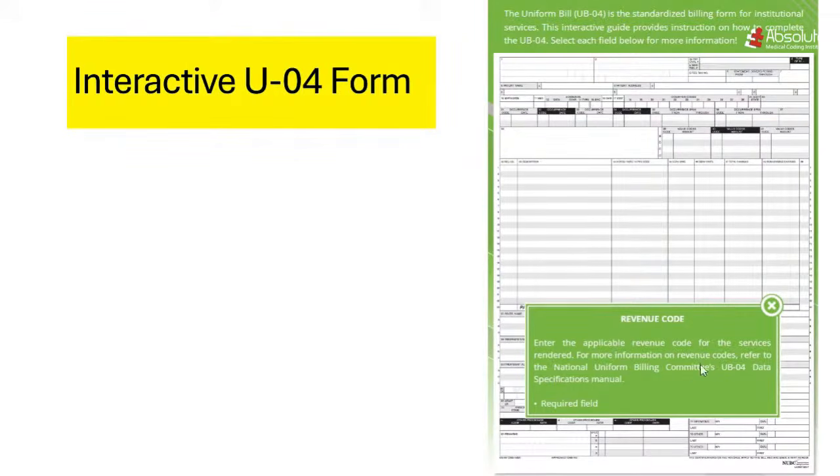For more information on revenue codes, refer to the National Uniform Billing Committee's UB04 Data Specification Manual. You could do that, or you can just click on the link that I'm going to give you from CMS that gives you instruction on revenue codes. It's a 4-digit numeric code, and it describes what the service is.